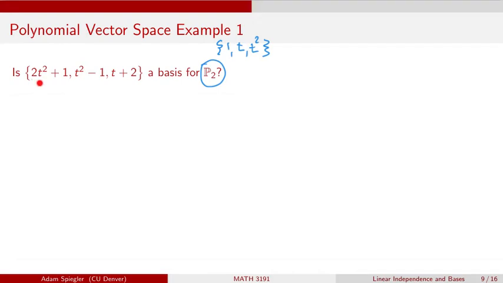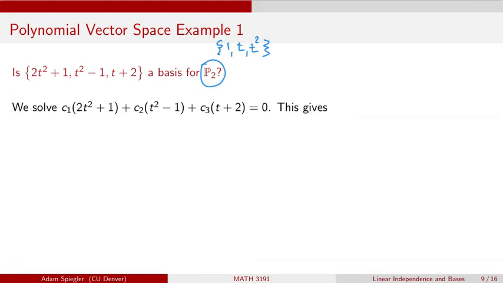I want to consider whether this set is a basis for the vector space P2, which we know has some basis that has three elements. So we have three elements here. The question is, are these three vectors linearly independent from each other?